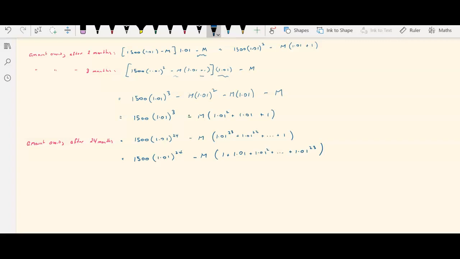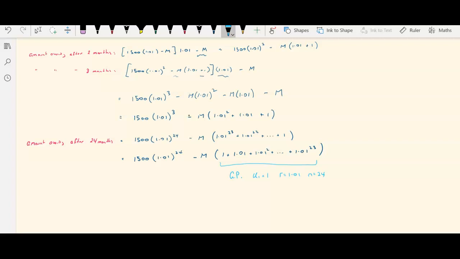So this is where the geometric sum, and this is why we're talking about this sort of question in this unit of work, because that's a geometric sum. So I have a geometric progression here where u1 equals 1, my common ratio is equal to 1.01, and I have 24 terms. I can calculate this. I have a sum for this.